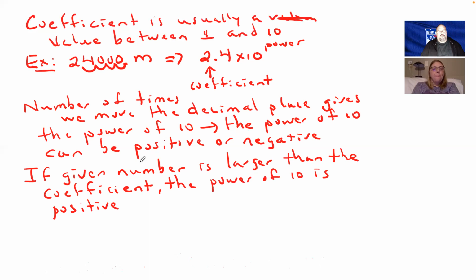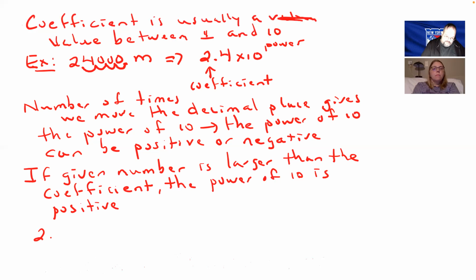So in this example here, and it's really not a trick question, which is the larger value? Is it the given number 24,000 or is it the coefficient 2.4? 24,000 is much larger than 2.4. So that means the power of 10 has to be positive. Now, again, how many times do we move the decimal place? We move the decimal place 4 times.